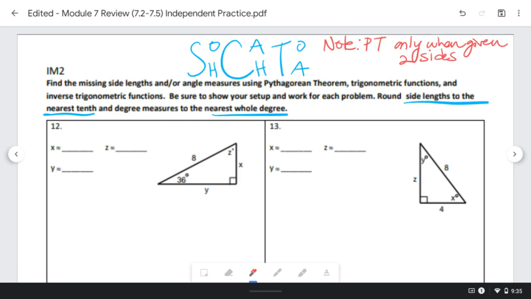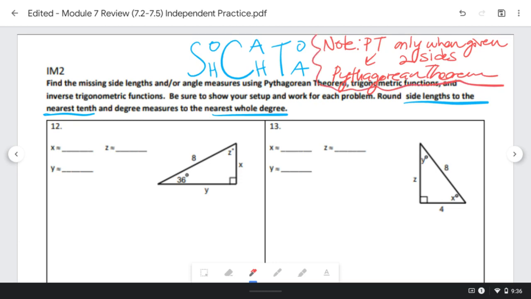If you have two sides, you can find the third side using the Pythagorean theorem. You might want to write Pythagorean if you can't remember what PT stands for. So that's when we can use the Pythagorean theorem.